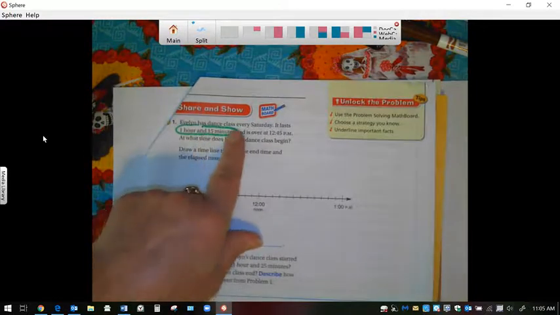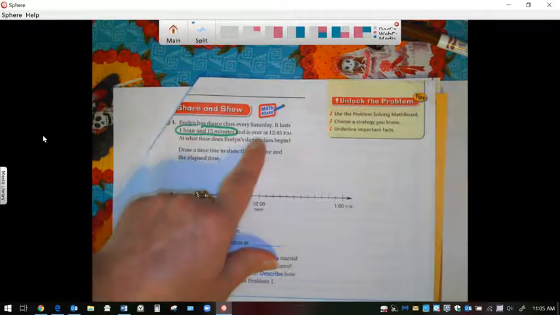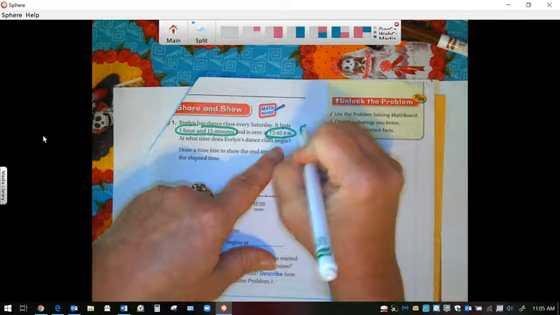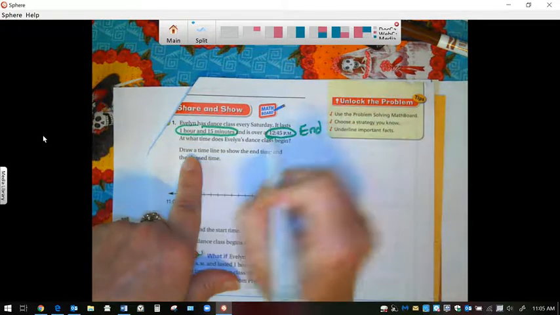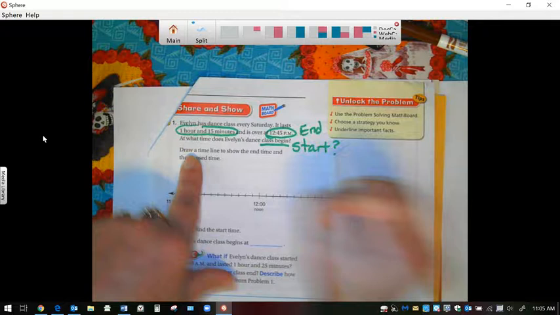and rocks. So the problem says, Evelyn has dance class every Saturday. It lasts 1 hour and 15 minutes, and it's over at 12:45. So this is the end time. And then it says, what time did it begin? So we are looking for the start time.